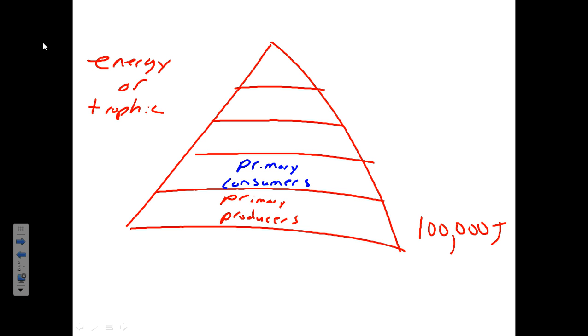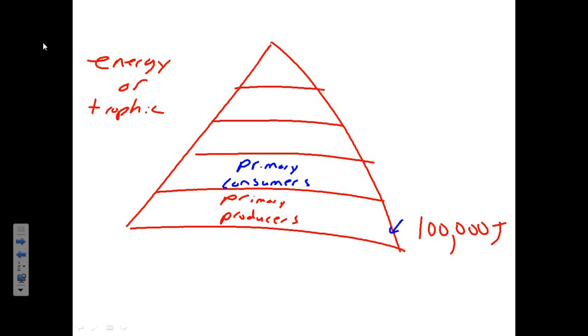And here's the important thing to get from this pyramid. About how much of the energy that starts in this level is actually transferred to the next level for those things to use? It's about 10%, 1 in 10, which means 90% of the energy ends up where? It's either given off as heat or it's in the waste products somehow.